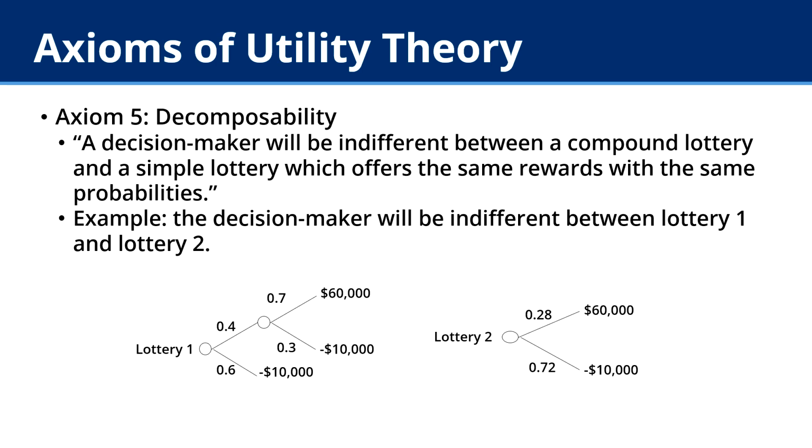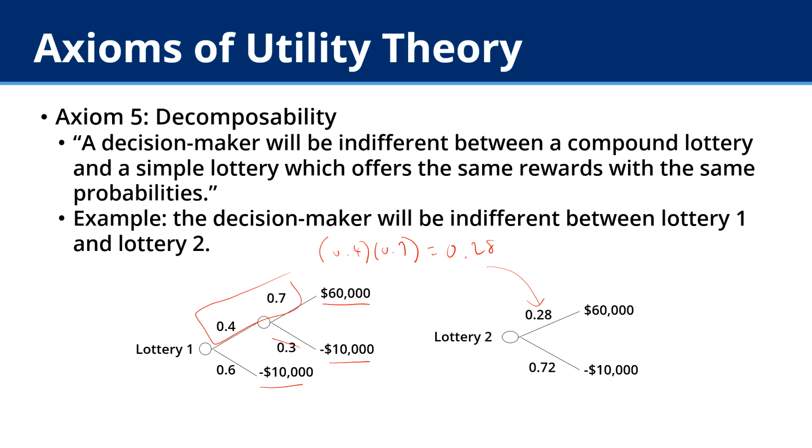If you look at lottery 1, and follow this top branch here, you have 0.4 times 0.7, which is 0.28. That probability will yield a net result of $60,000. So that's where this 0.28 value is coming from. Now let's look at the negative 10,000. You notice both of those have the same outcome, negative 10,000.